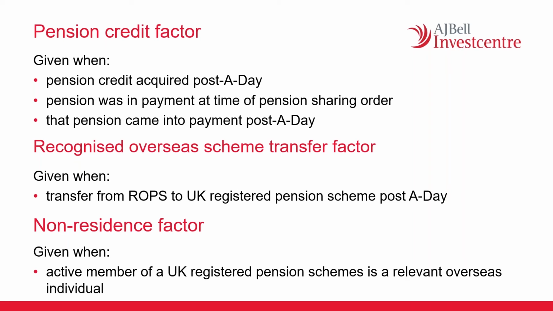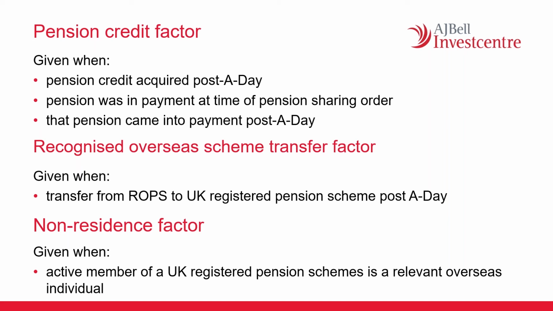The first one is the pension credit factor. This is on divorce, where somebody receives a pension credit since A-Day, and the pension was in payment at the time of the pension sharing order, and it came into payment post A-Day. So in the hands of the original member, they've started taking benefits after A-Day, so those benefits have already been tested against the lifetime allowance.